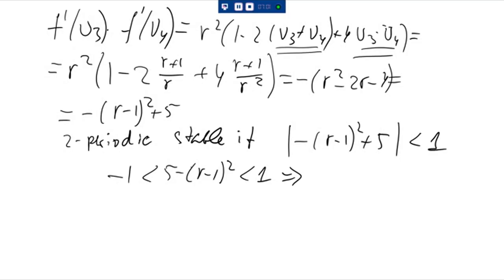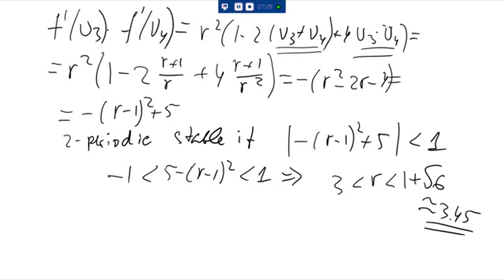And after simplifications, we will get the condition for r. R should be more than 3 and less than 1 plus square root of 6. 1 plus square root of 6 is roughly 3.45. So if r is in this range, then our two periodic solution is stable.